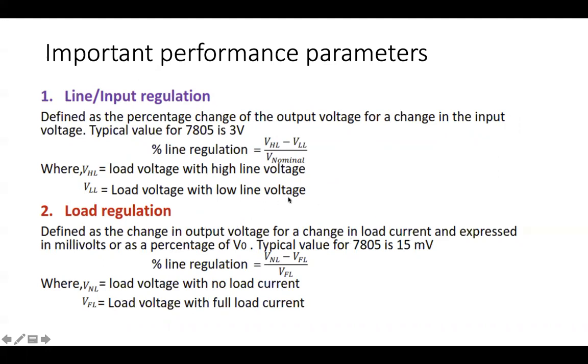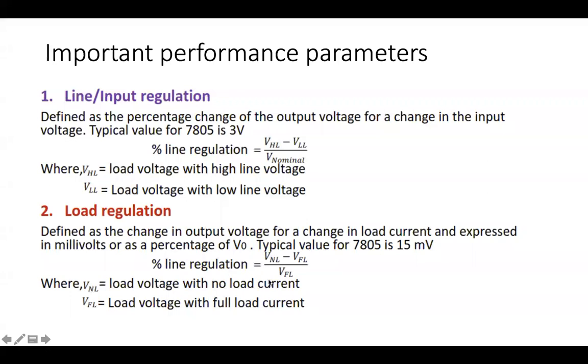When we talked about input regulation, it meant changes in input and output, a relationship between the input voltage and the output voltage. But in load regulation, it is the change in output voltage for a change in load current. So towards the output side is load regulation, towards the input side is input regulation. In input regulation, we relate input voltage and output voltage, but in load regulation, it's only output voltage and the current across the load.